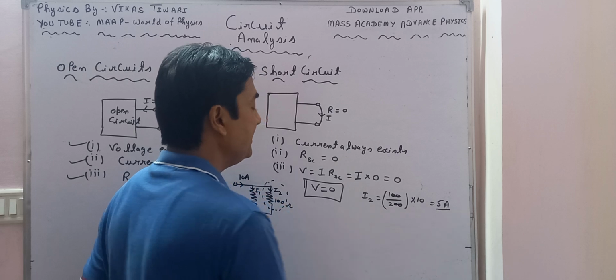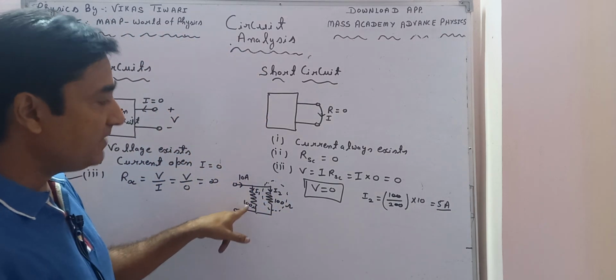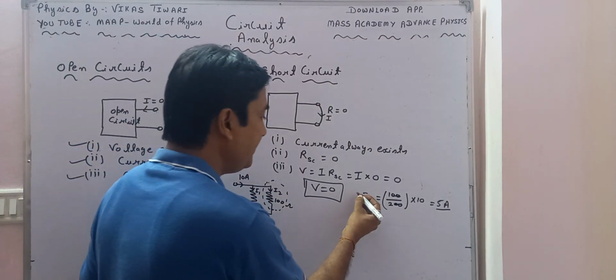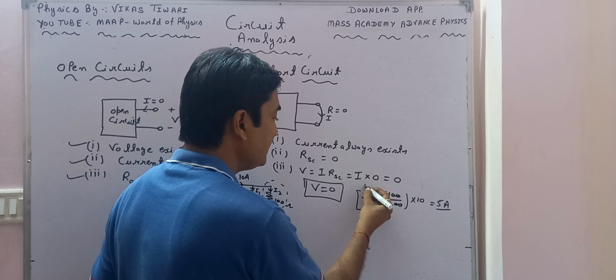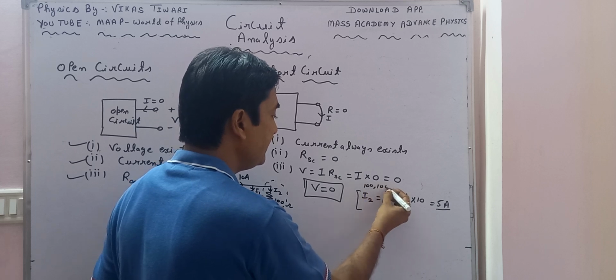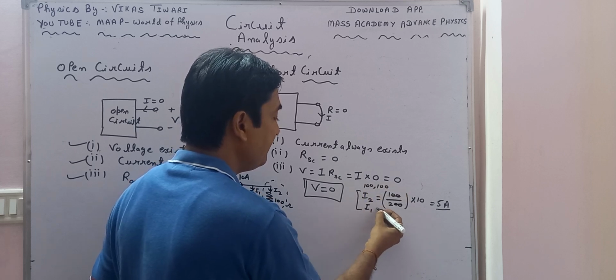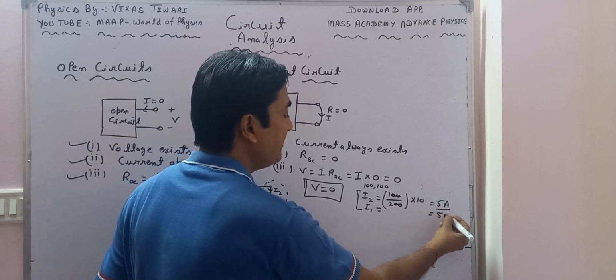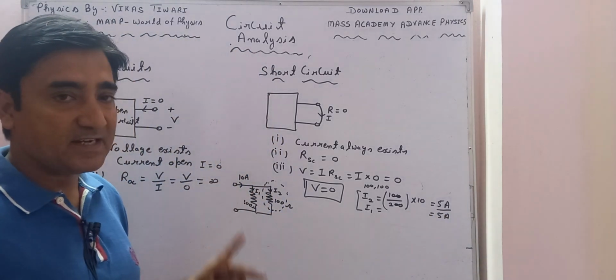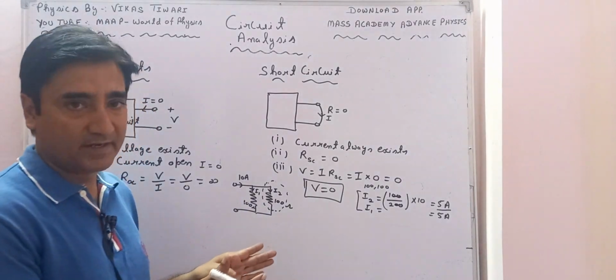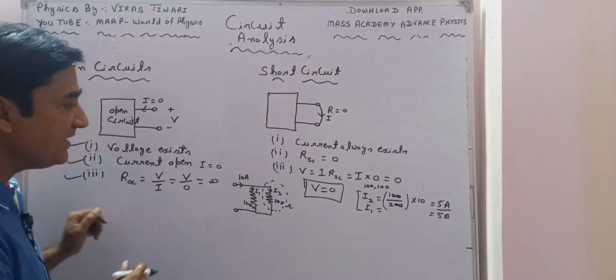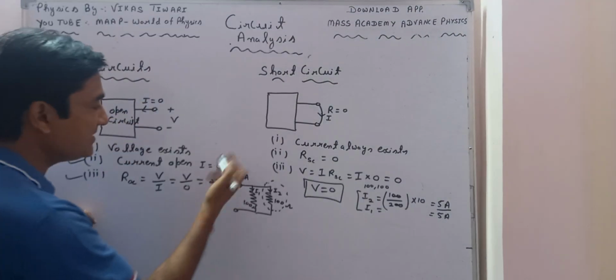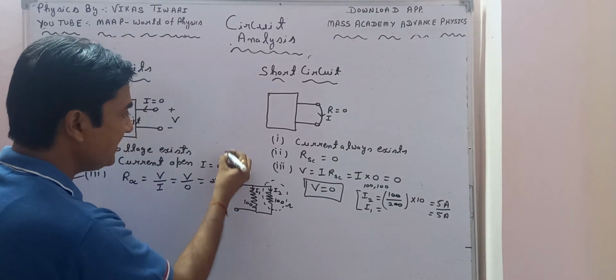So the value of current in I2 is 5 ampere. What will be the value of I1? In the very first case, when both resistances are 100 and 100, the value of I2 is 5 ampere, and naturally the value of I1 is also 5 ampere. This means if the resistances are the same, current divides equally.